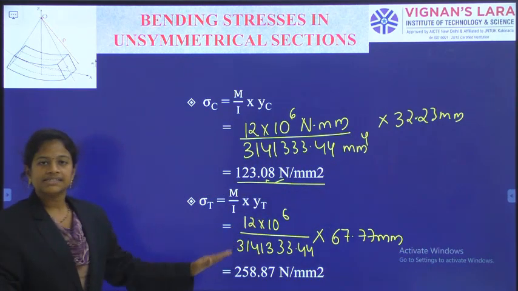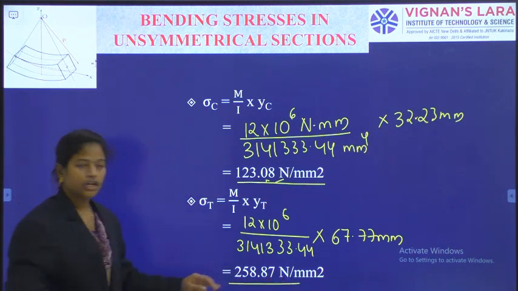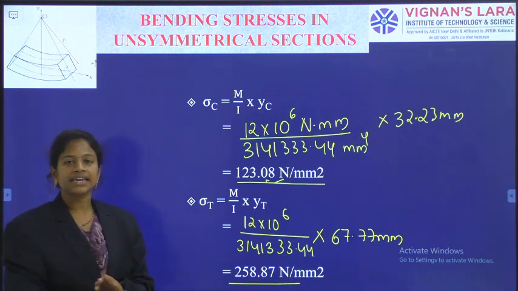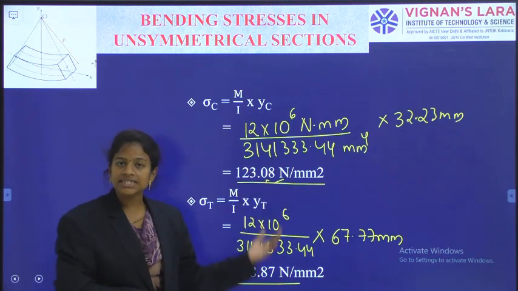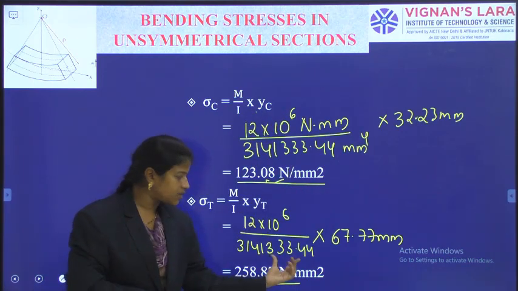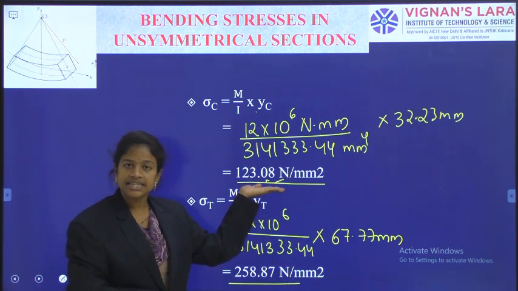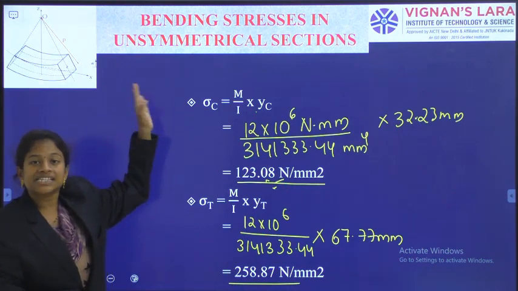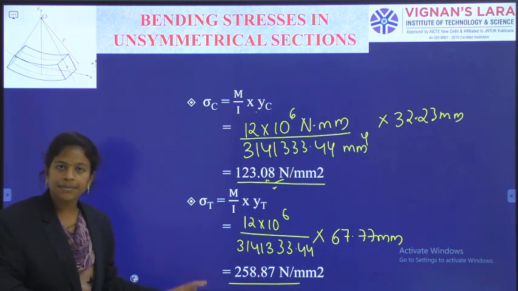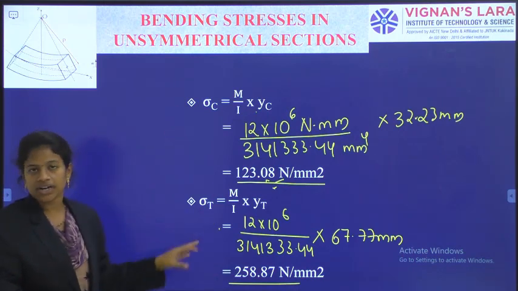And the overall stress in the tension zone is equal to 258.87 Newton per mm square. If they ask for any other thing, such as the highest value, you can simply say Yc is a lesser value than Yt, so the maximum stress occurs in the tension zone. These two are the answers.